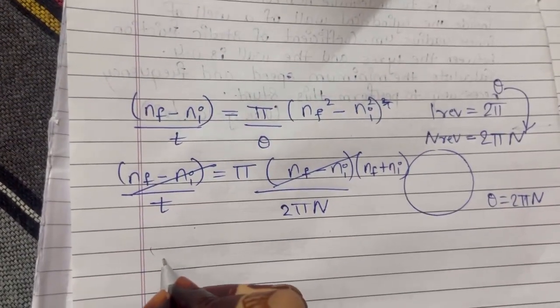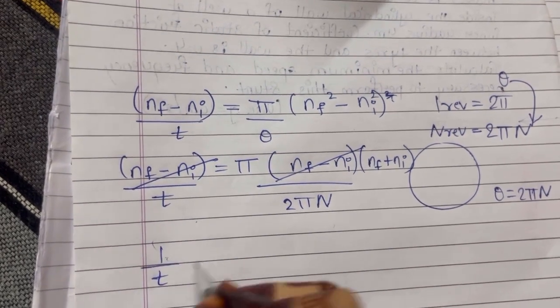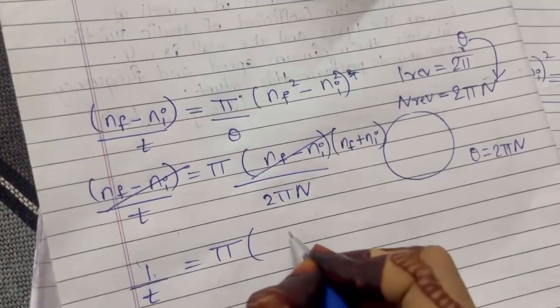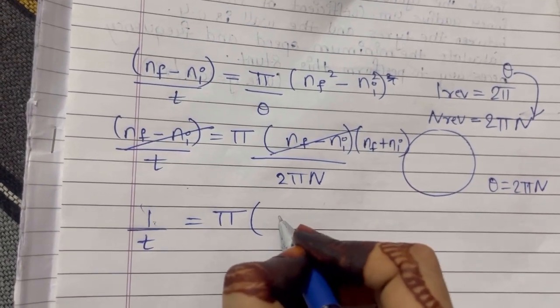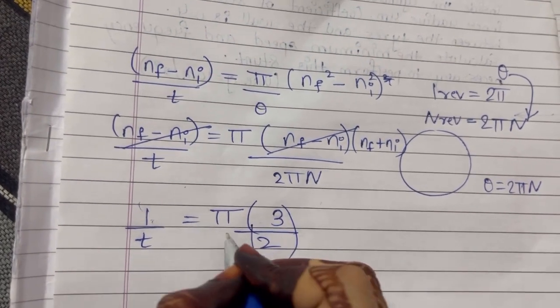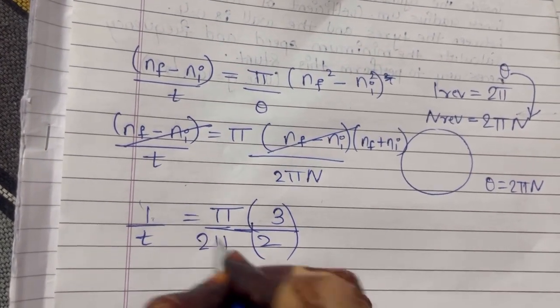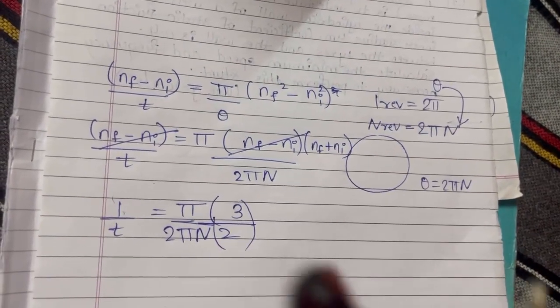So now you can keep this t in the denominator. You have pi over here, you have nf plus ni, nf is 0, ni is 3 upon 2, and this 2 pi n. So now we have all the values. We can calculate t.